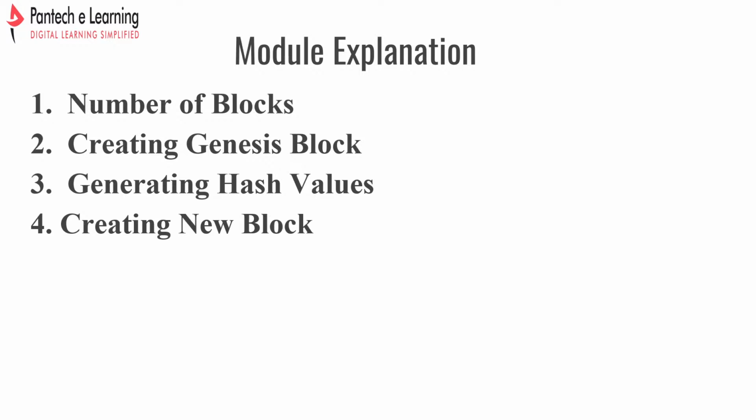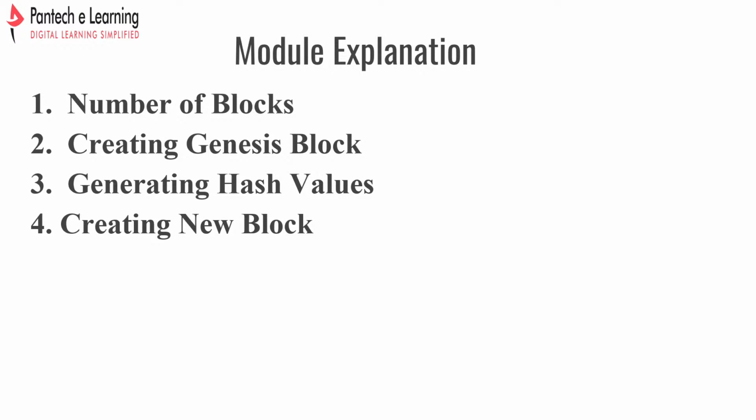Then creating a genesis block. I already told you in the previous presentation, the introduction of blockchain, that whenever you are creating a blockchain community, the first block in that community is called a genesis block. The genesis block doesn't have any previous hash value.